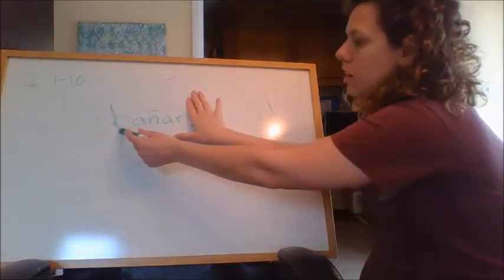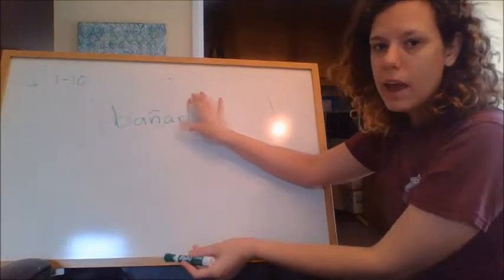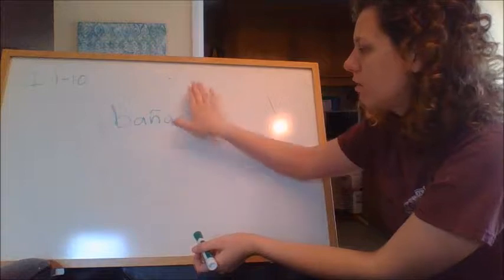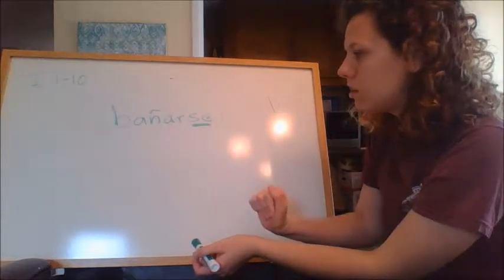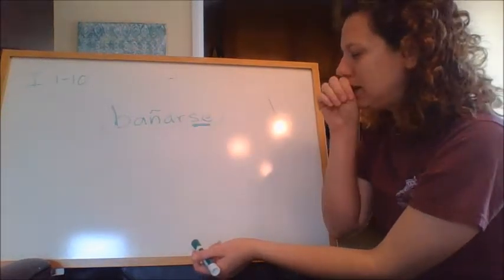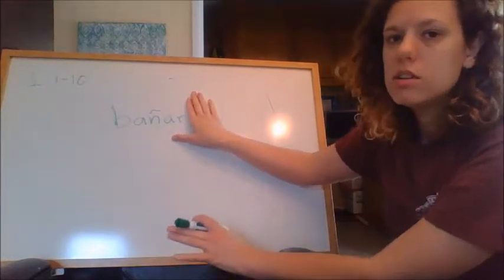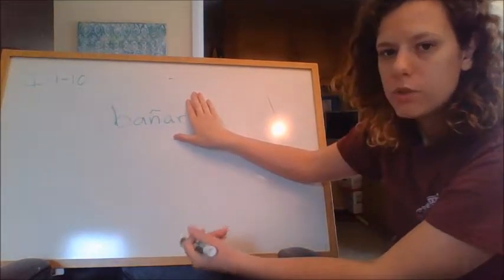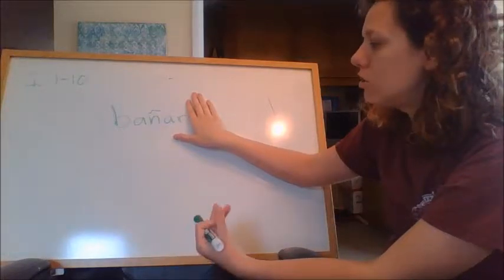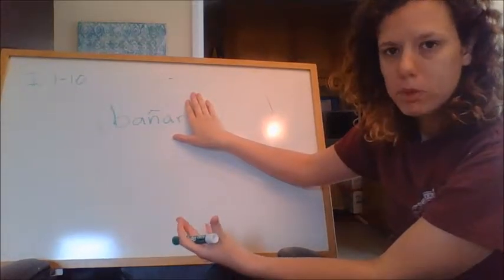Now this is just bañar, to bathe oneself. So the first thing you do is cover this up in your mind or with your hand or whatever, and deal with the verb like you normally would, okay?